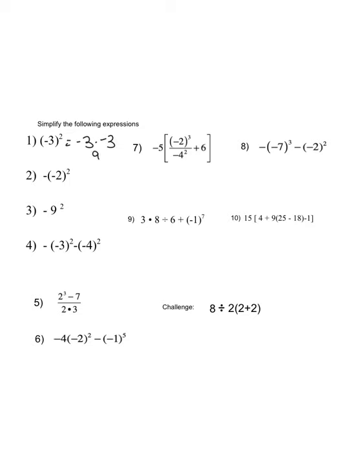Excellent. Thank you, Abby. She said, everybody understands that this exponent tells you how many times you multiply the base by itself. So since the -3 is in parentheses, we're going to multiply -3 times -3, which gives us a +9, which is absolutely correct.